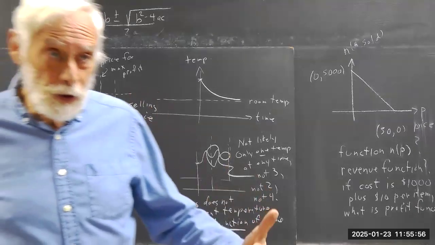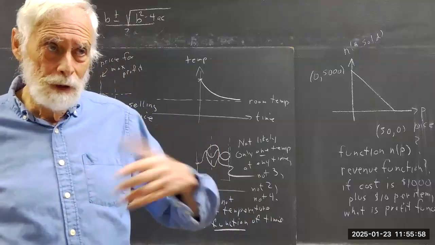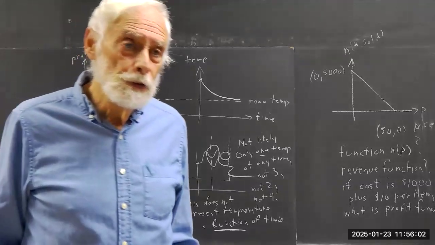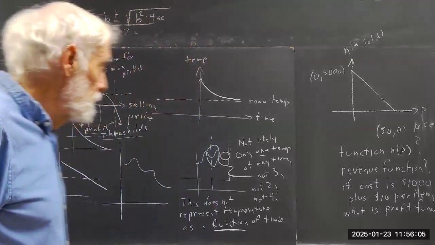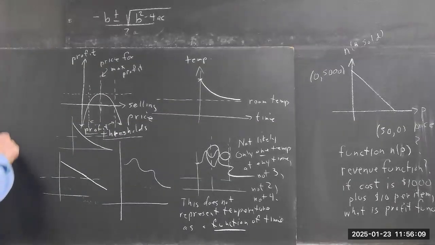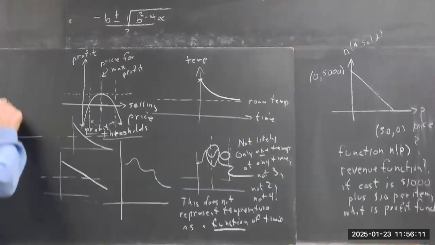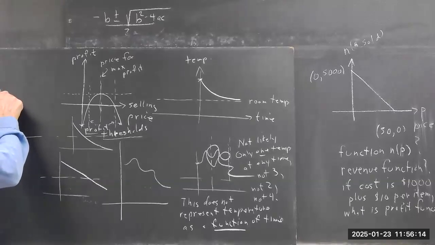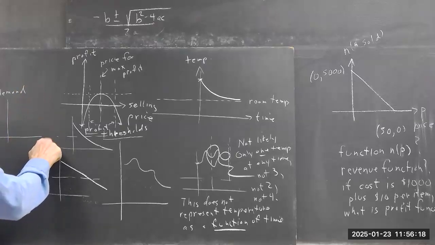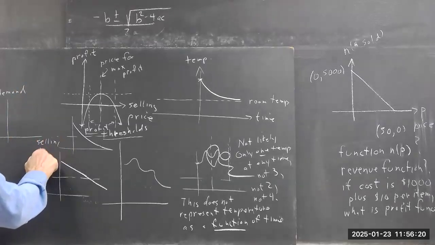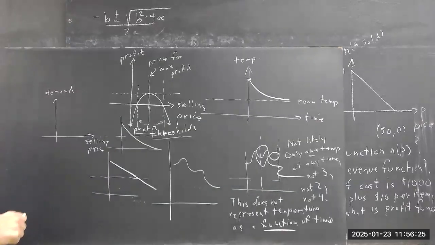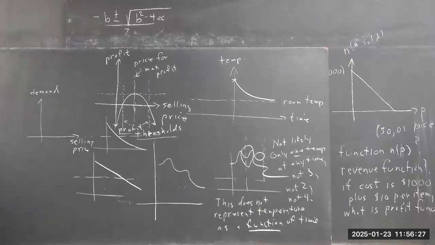Now, if you're actually using this model, it's an approximate model because there are all kinds of market factors. You do research. You figure out how the demand is related to the selling price, right?